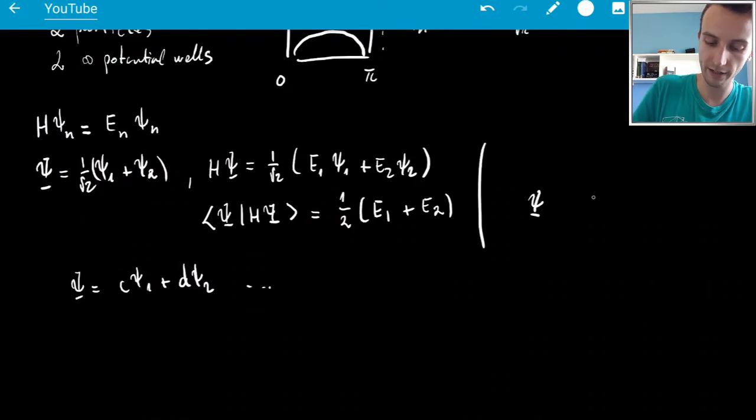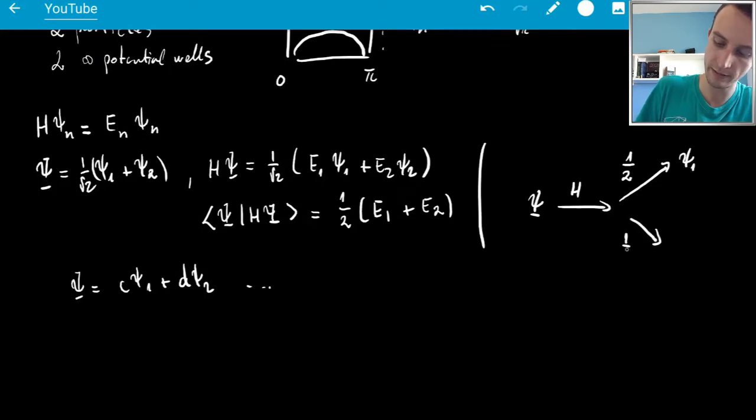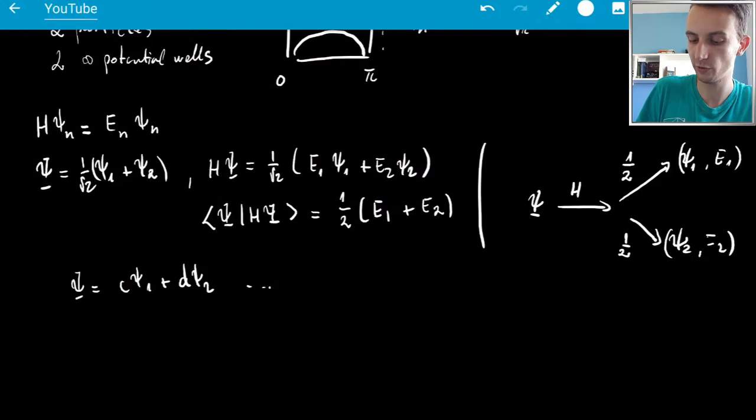So here I have psi, and then I measure h, and I get that there is a 1/2 probability to get psi 1, and a 1/2 probability to get psi 2, and also you'll measure E1 and you'll measure E2.